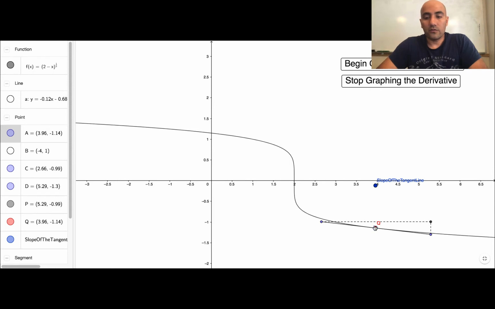Okay, so this graph hopefully confirms that this function has a negative slope everywhere, and the derivative is undefined at 2, but the original function is not undefined at 2. At 2, the answer is 0. So it's continuous at 2.